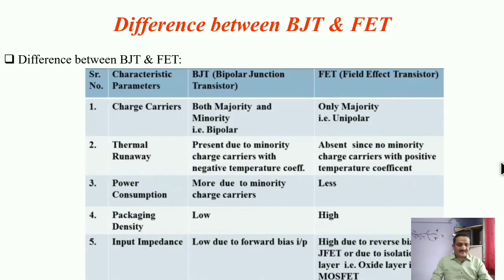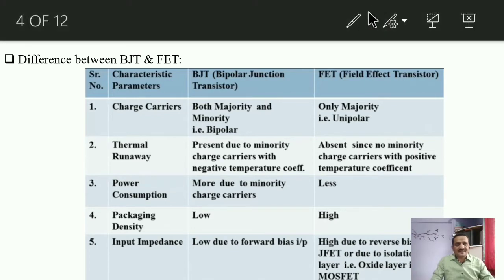The next slide is the difference between BJT and FET. BJT stands for bipolar junction transistor, and the name itself indicates it is a bipolar device. Field effect transistor, I already told what is meant by field effect. Now the characteristic parameters, first the charge carriers. In case of BJT, both majority and minority carriers are involved, that is bipolar, and there are two types of BJTs, NPN and PNP.